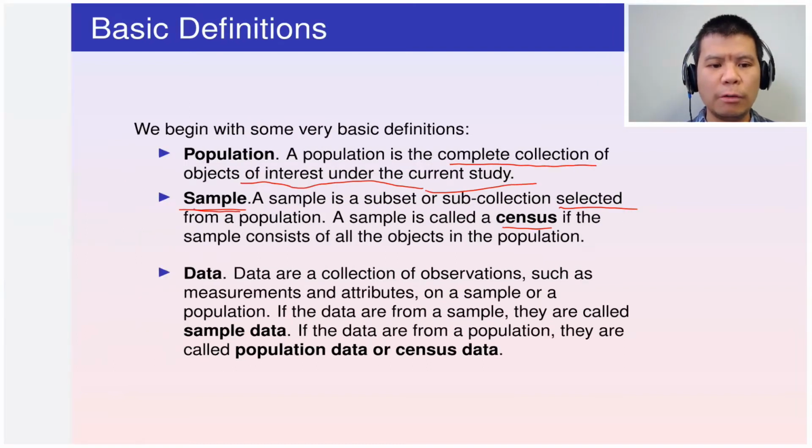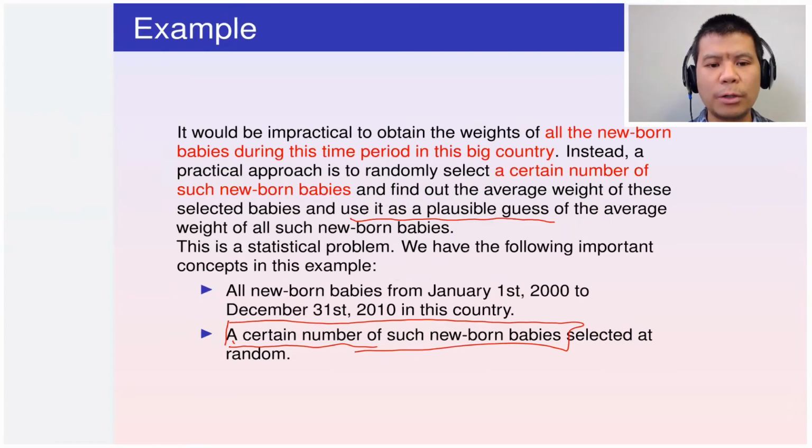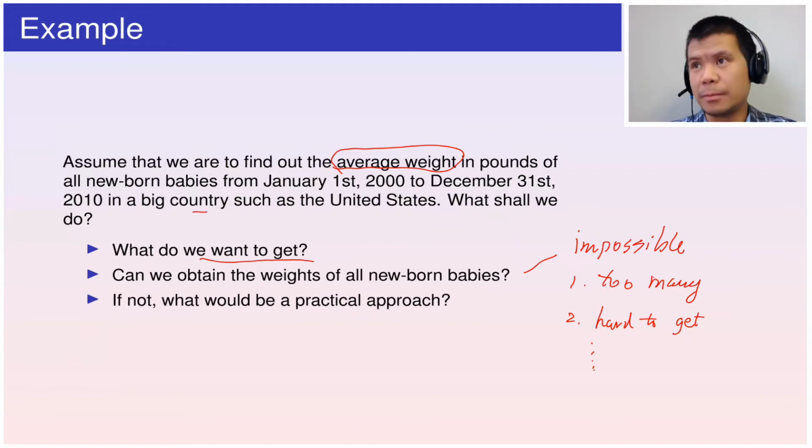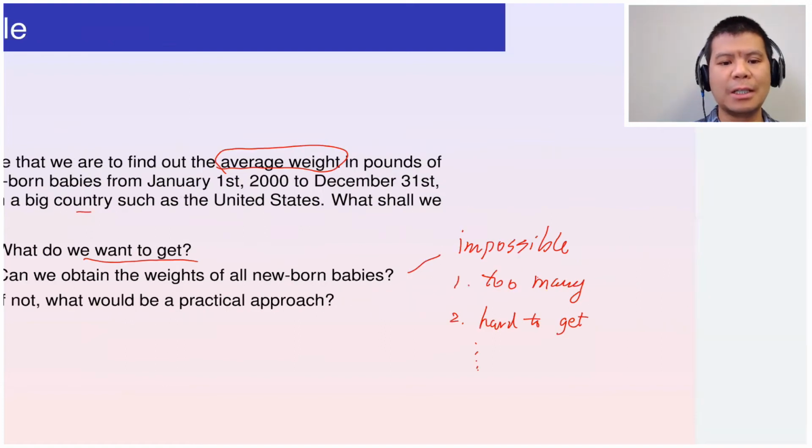For instance, here we are talking about the average weight, some characteristic, some feature about the population. This weight is a measurement. Sometimes these can be represented as data.